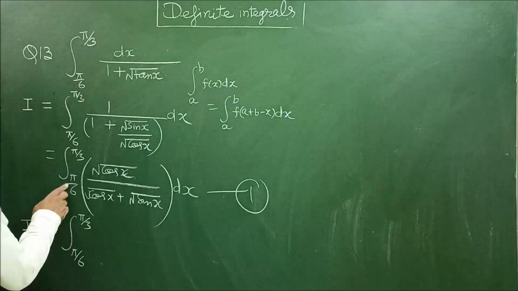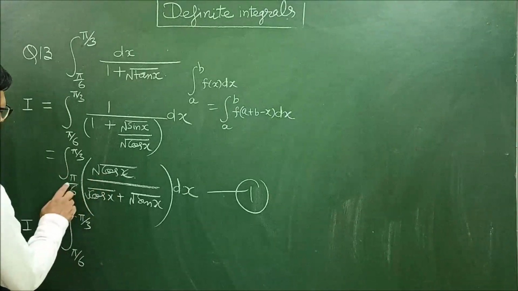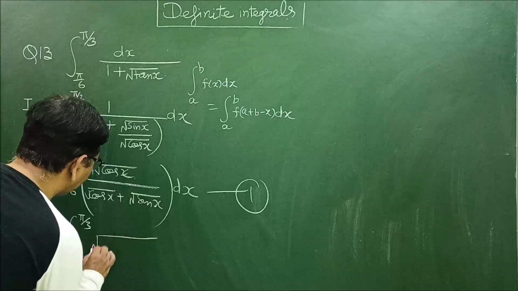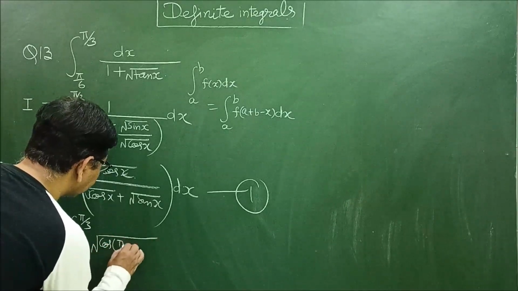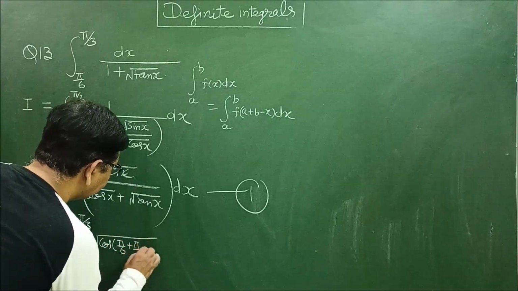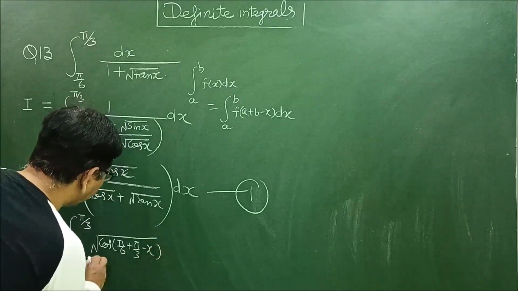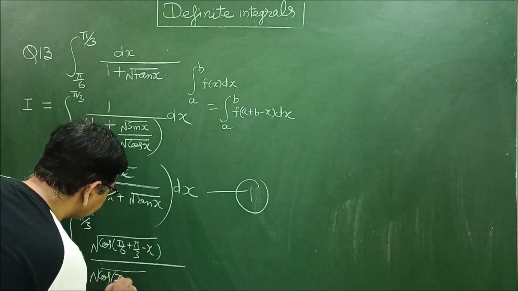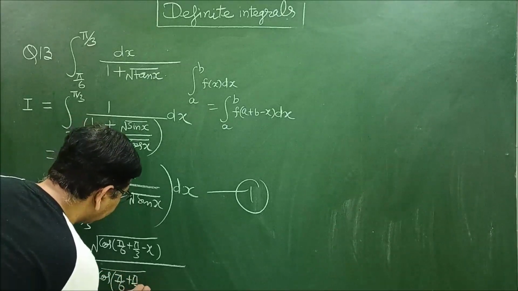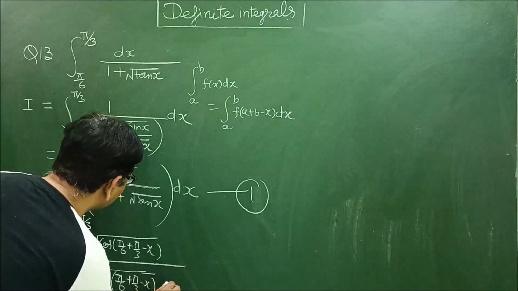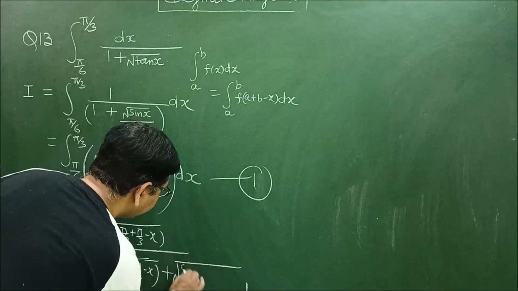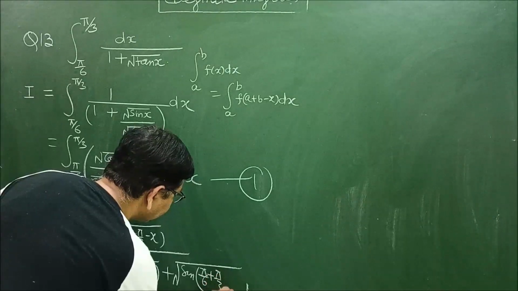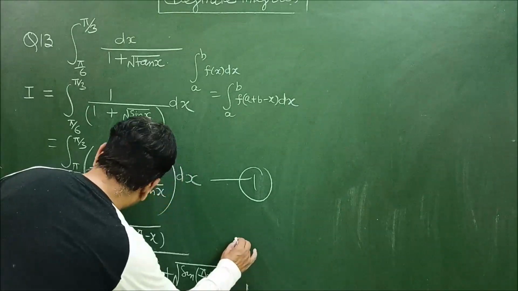So replacing x by pi by 6 plus pi by 3 minus x, root cos of pi by 6 plus pi by 3 minus x upon, in the denominator, root of cos of pi by 6 plus pi by 3 minus x, plus root sine of pi by 6 plus pi by 3 minus x, dx.